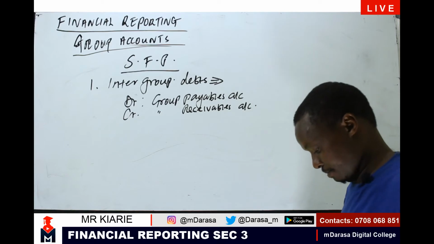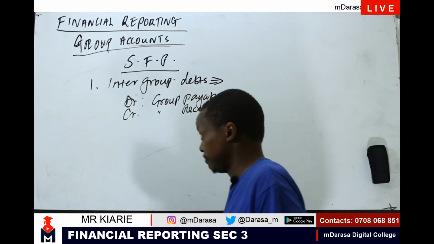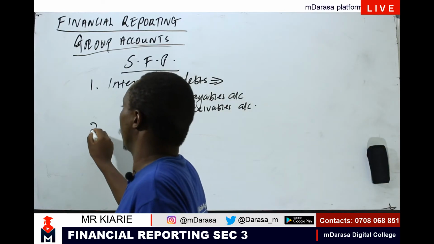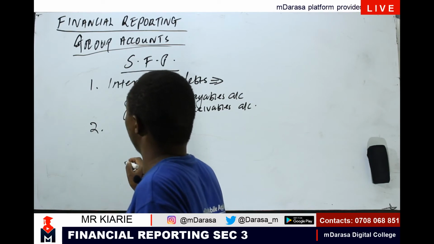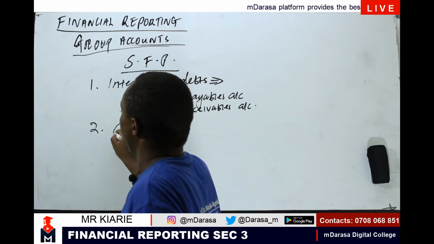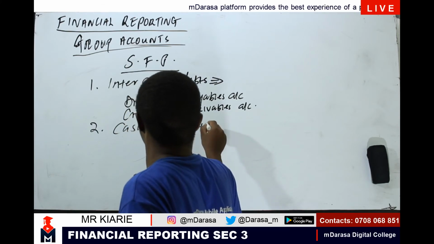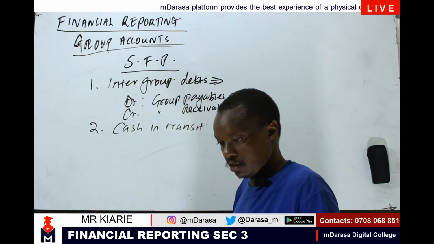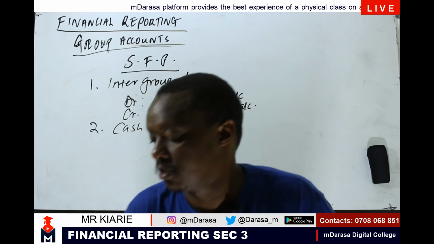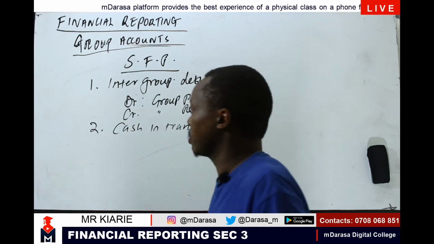So, if none, rule number 2 or adjustment number 2, cash in transit.